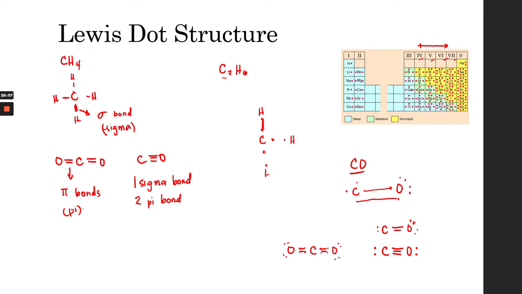And lastly, before we finish up about Lewis structure, let's talk about formal charges. Some elements are unstable. For example, carbon and nitrogen. So we know that carbon has 4 and nitrogen has 5.